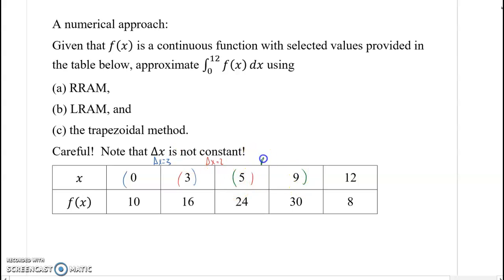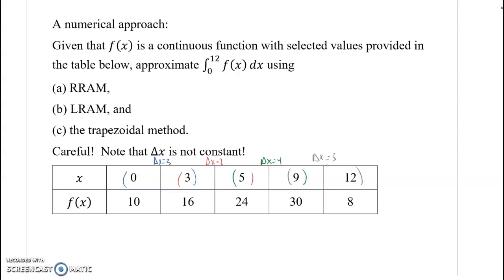That delta x value is 4. And then finally, we're going to go from 9 to 12, which takes us back to a delta x value of 3. And that's actually going to be true for each and every single one of these 3 methods. So the 3, 2, 4, 3 progression of our delta x values is something we're going to use each time.